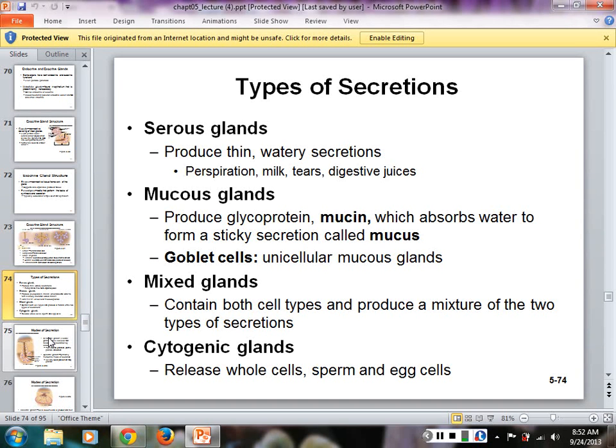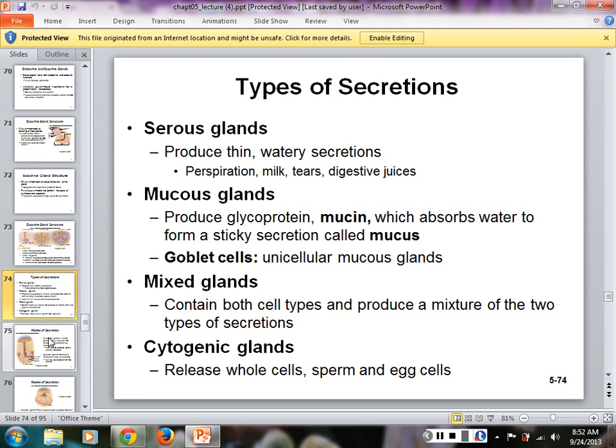Mucus, on the other hand, is secreted by the goblet cells. Remember that, you know what a goblet cell is. There were two epithelial tissues in your chapter that mentioned goblet cells. Goblet cells are responsible for secreting what? Mucus. Mucus is a little bit thicker than serous fluid.